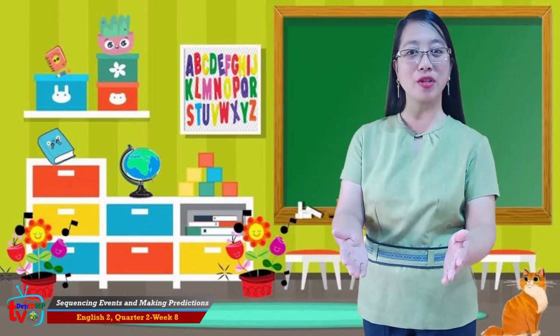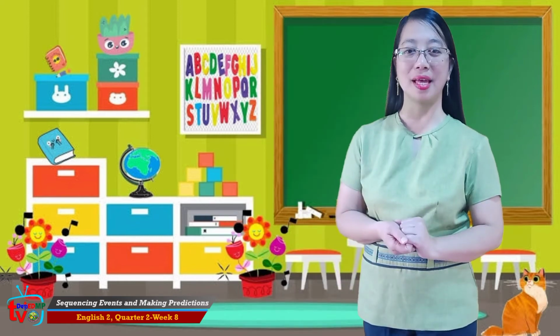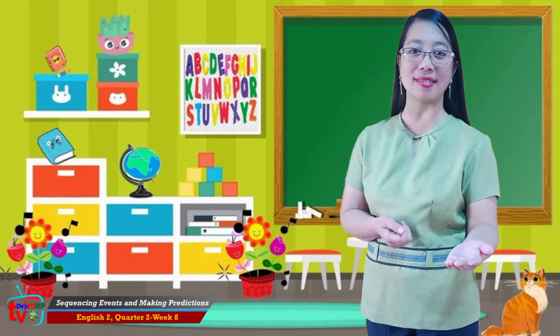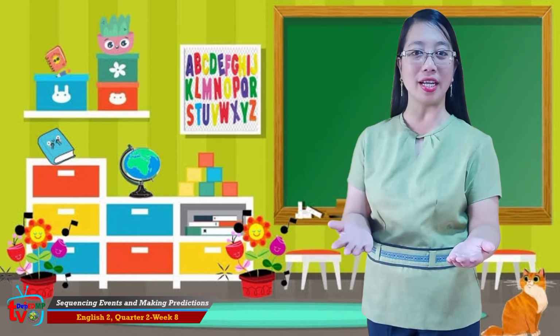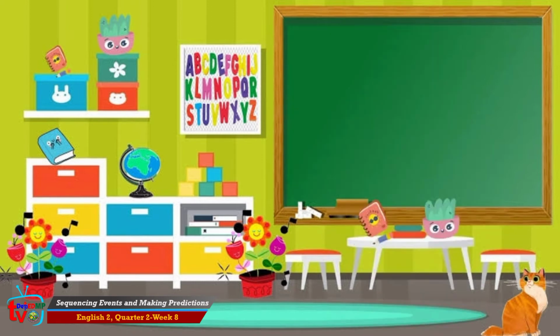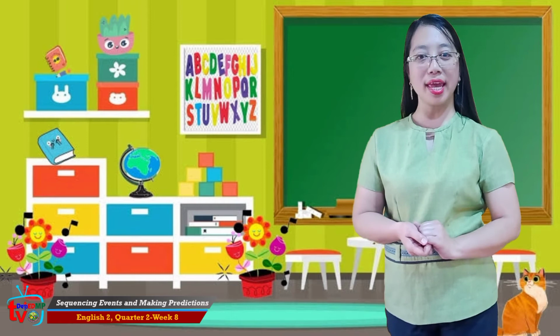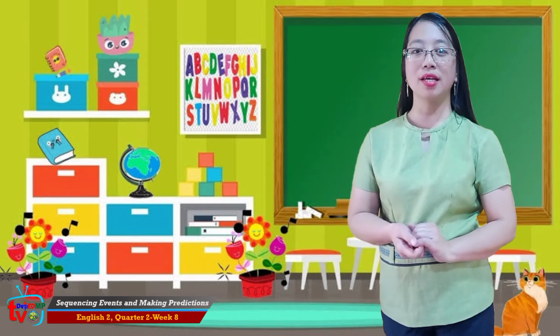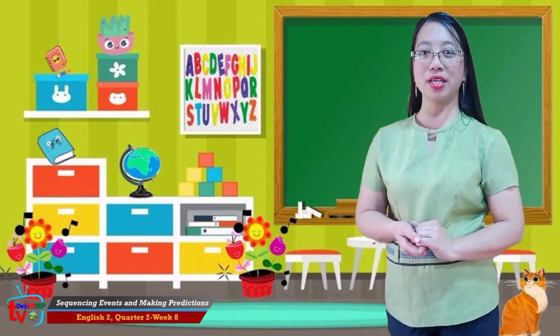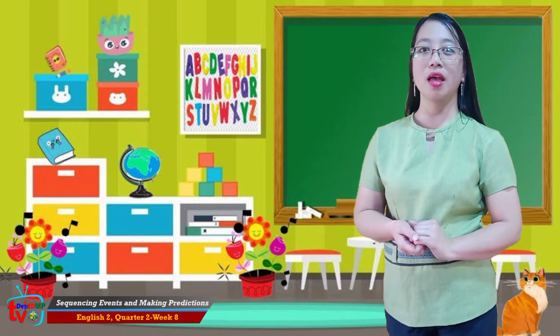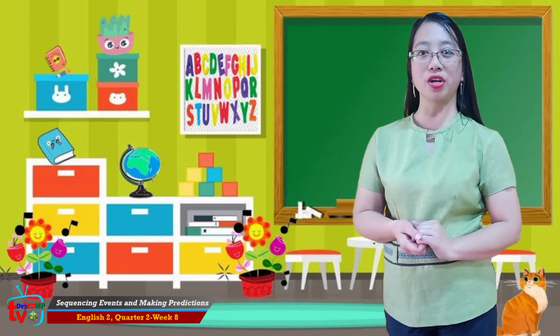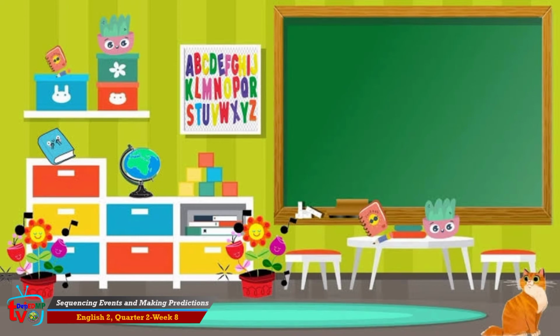Now, apply what you have learned in our lesson by answering the exercises provided in your learning activity sheets. You may ask help from your parents or any member of the family to guide you in answering your activity. Read carefully the direction before answering.